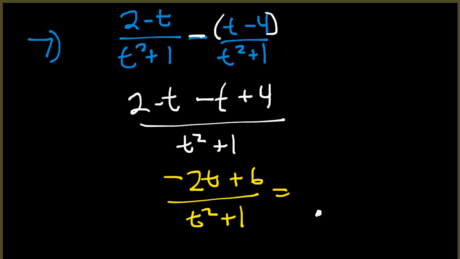So I can divide out a negative 2, and then I'm left with t plus minus 3. Let me just divide out a 2. Doesn't matter, you could have divided out a different number, okay, so I'm going to divide out a 2.